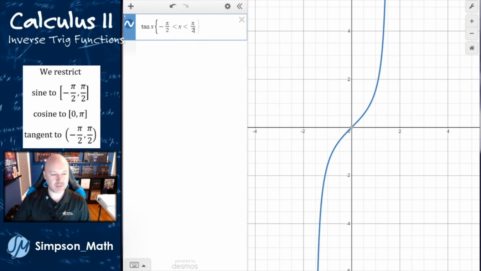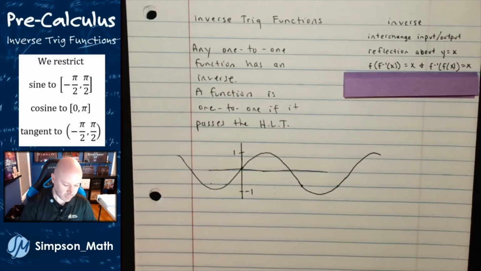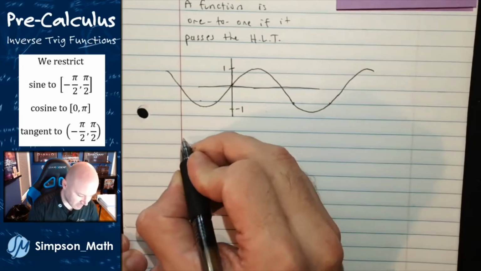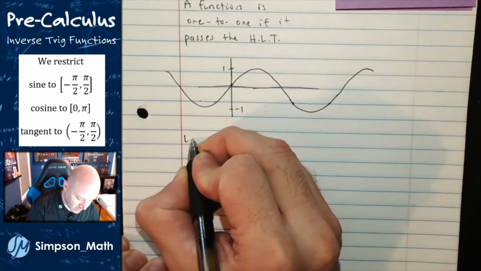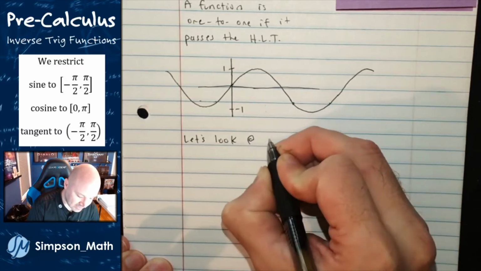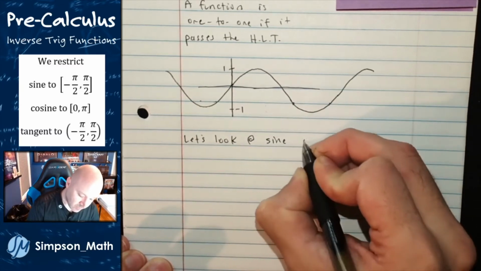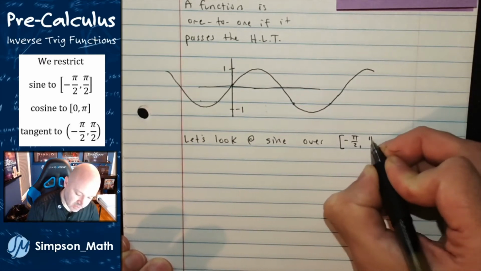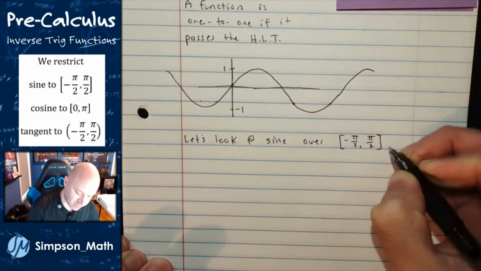Let me go back to my paper. I'll just write down my notes, what we just did, just for fun. We look at sine over the interval negative pi halves to positive pi halves.